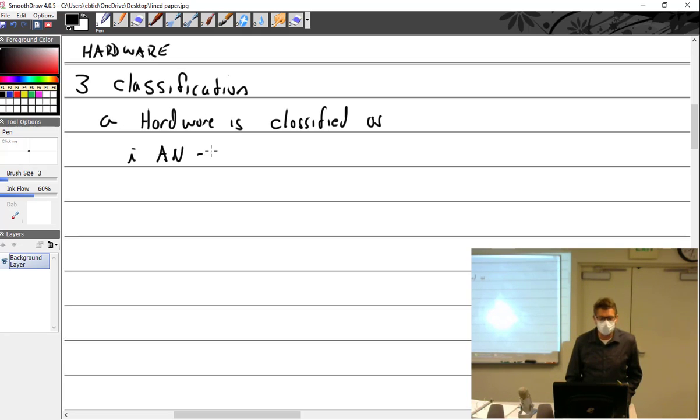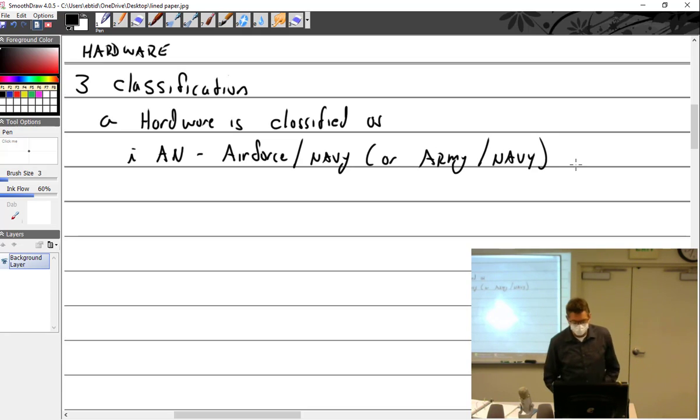So AN, which stands for Army Navy, or Air Force/Navy according to the book. Some people say Army Navy. I say Army Navy, since the standard was developed before World War II and the Air Force was founded in 1947. So I think it's Army Navy, but you can go either which way.